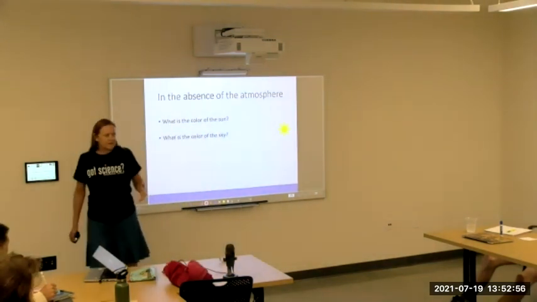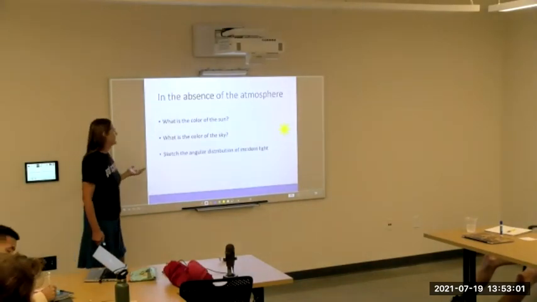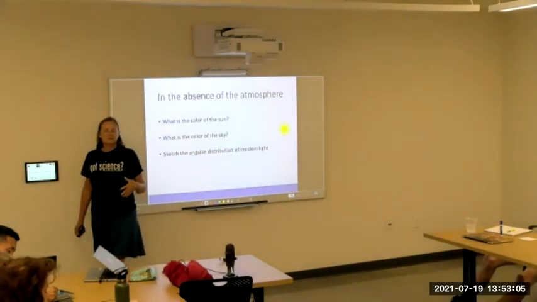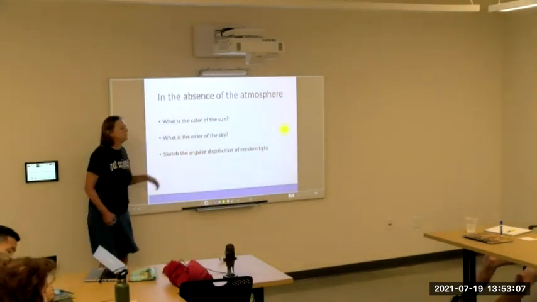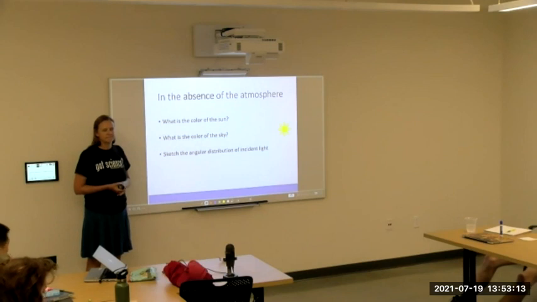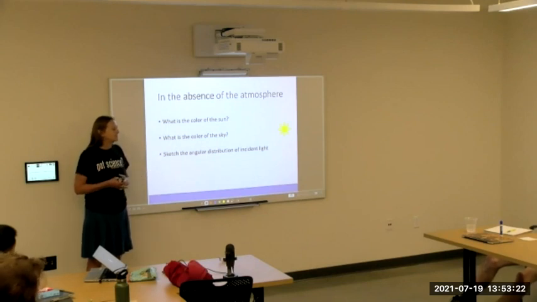All right, what's the color of the sky? It's black, right? And we have our sun over there. So if I asked you to sketch the angular distribution of the light coming to the surface of the ocean, what would you draw? Same as the top of the atmosphere, exactly. And so what are the beams going to be looking like?